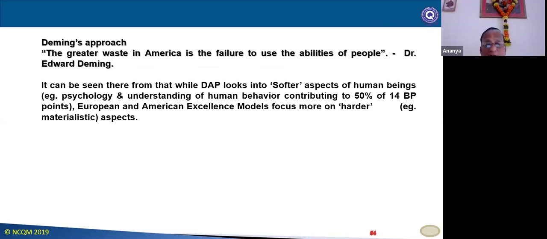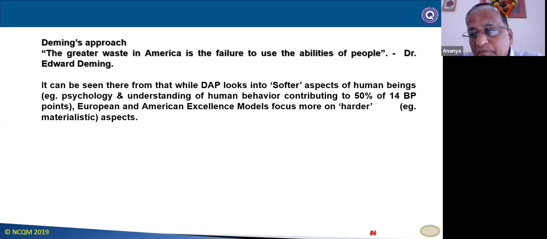This is a very important statement. It talks about the philosophy of operation between Westernized countries like Europe and America. America doesn't come into Western Europe, but it comes as a separate entity. It can be seen in the Deming Application Prize. What is DAP?